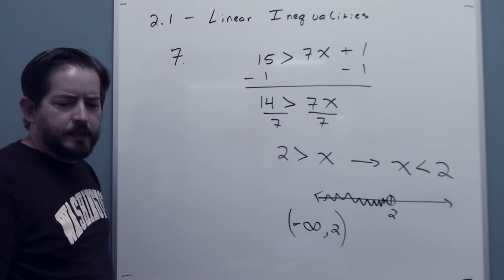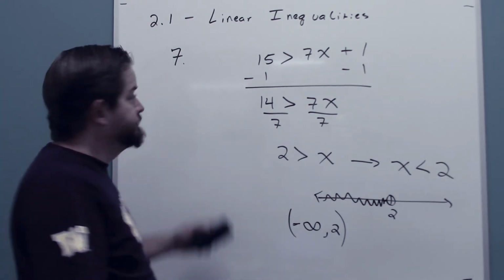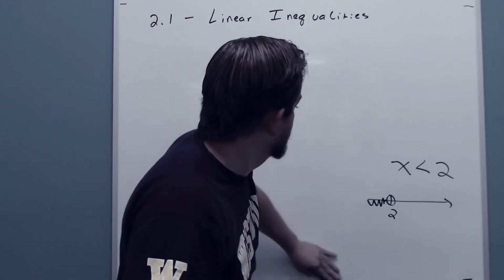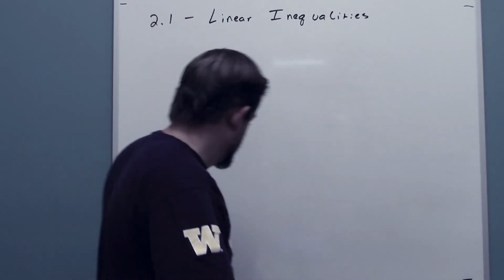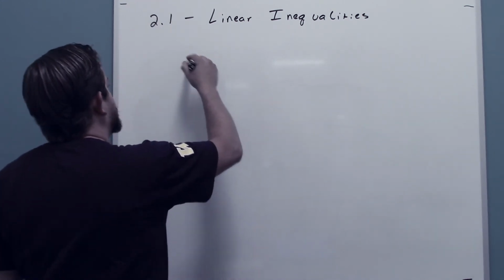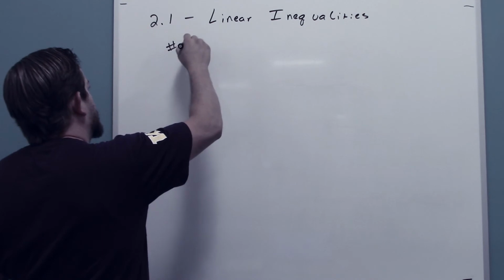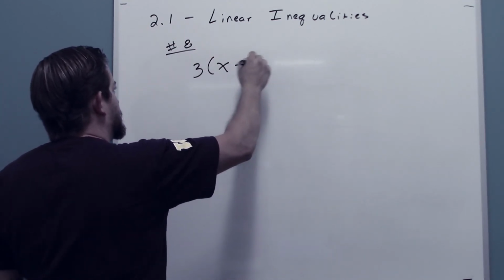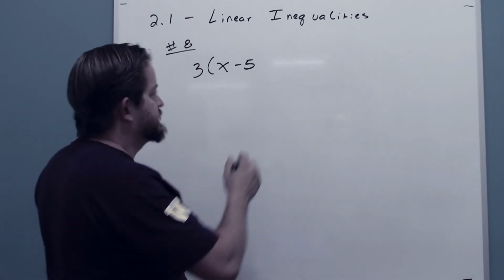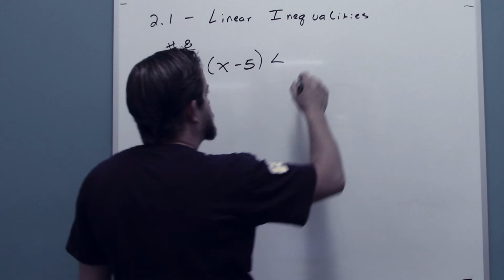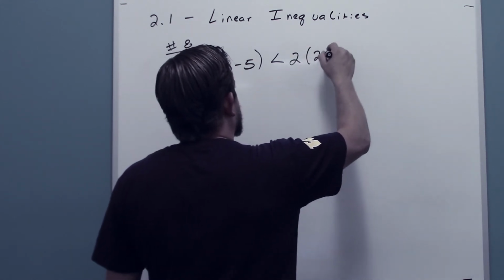Alright, let's look at number 8. Okay. I have 3 times x minus 5 in parentheses is less than 2 times 2x minus 1.